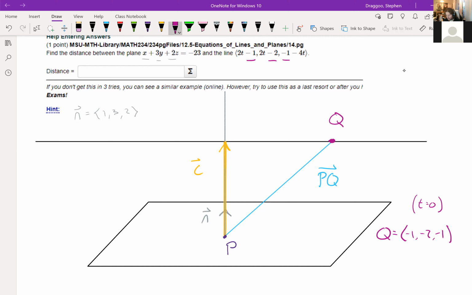So the next thing I'm going to want is some point that lies in the plane, right? I found Q, which in this case is a point on the line. Now I'm going to want a point on the plane. The idea behind what we're doing is that if I get a vector that connects any point in the plane to any point on the line, and then project that vector onto the normal vector, I will get the shortest distance between the plane and the line, based on that sketch that I have right here.